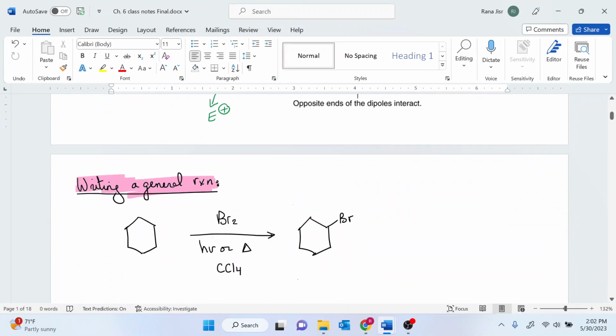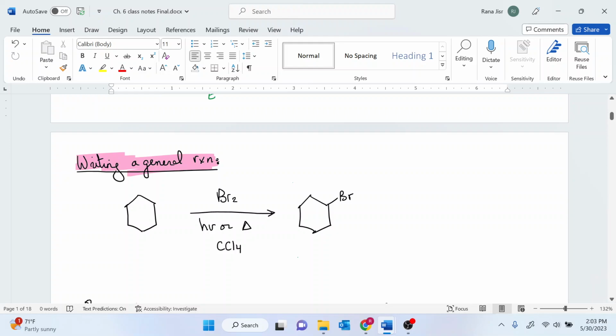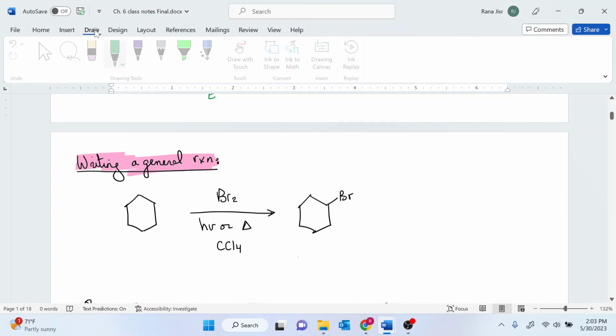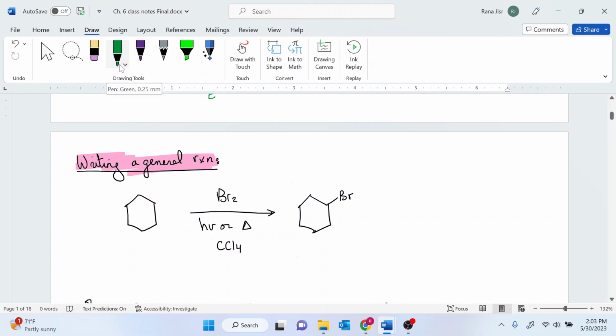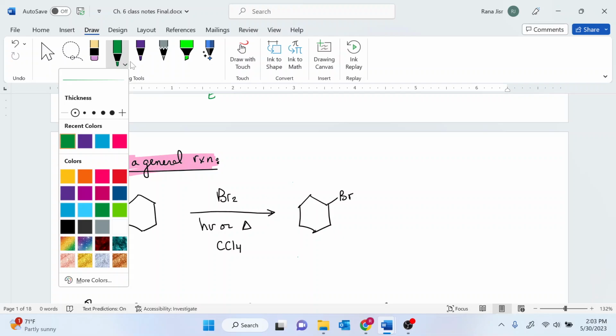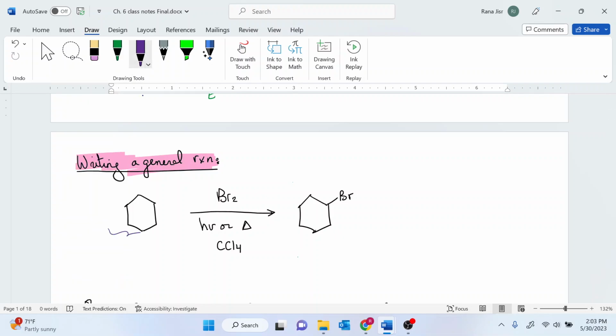There are multiple ways to write a general reaction. In all of the ways, the reactants, the products, and the reagents are there, but we arrange them differently or write them in different positions. So you always start with your reactant, and you end up with your product in there.